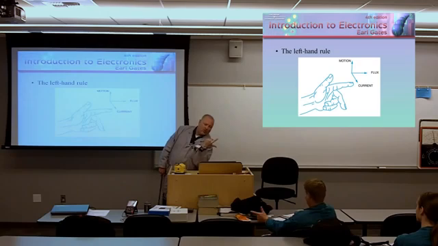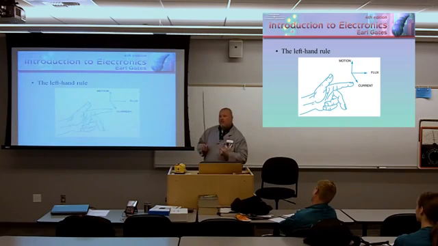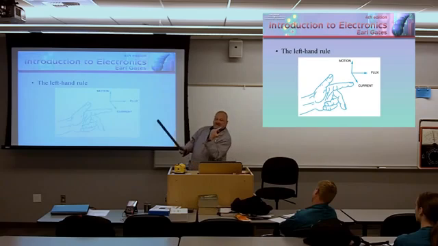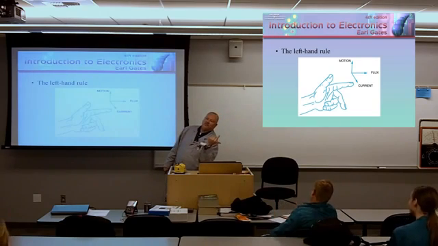Make sense? With the left-hand rule, my thumb is going to point in the direction of motion. So this means the conductor is moving down through this scenario. And if that's the case, my middle finger is pointing towards me.